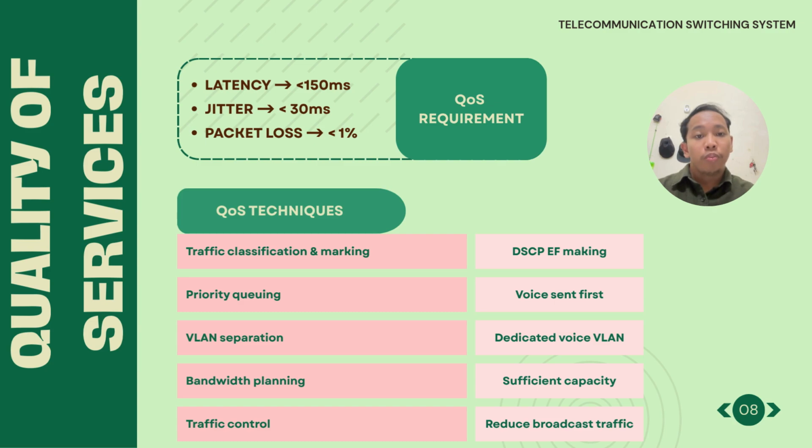Next, bandwidth planning ensures that enough network capacity is available to support VoIP calls. Finally, traffic control helps reduce unnecessary broadcast traffic, allowing the network to operate more efficiently. Overall, these QoS techniques ensure reliable, high-quality VoIP communication across the network.